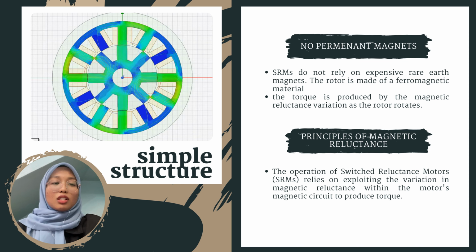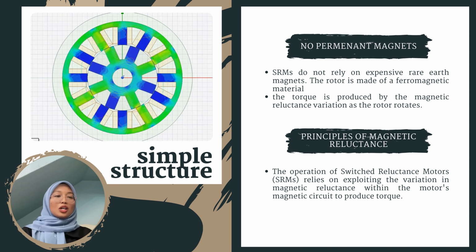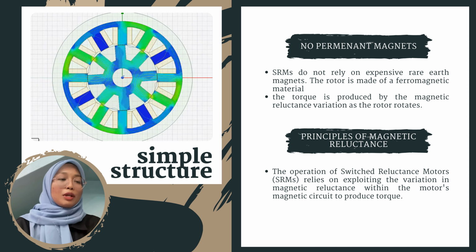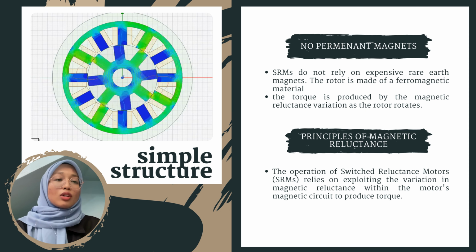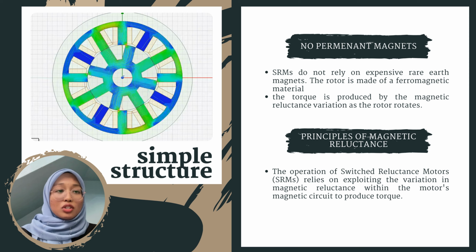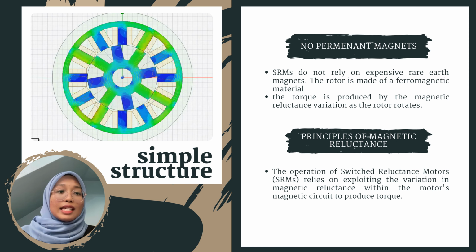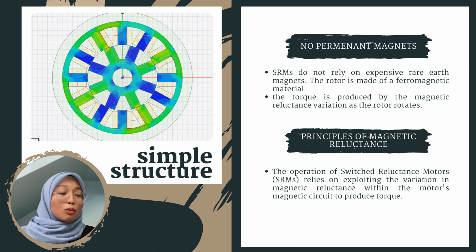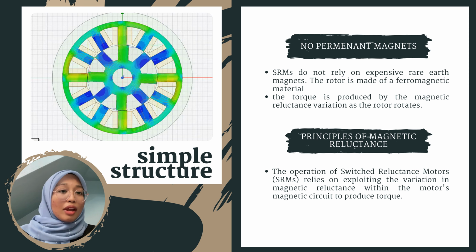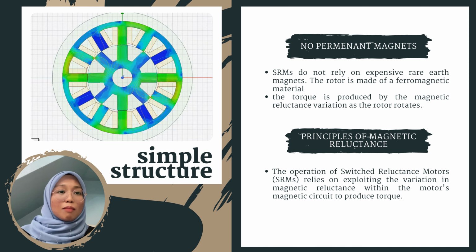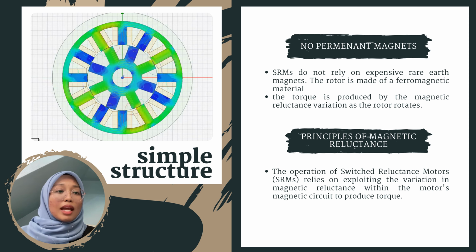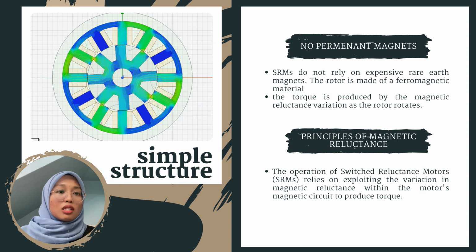Simple structure basically means no permanent magnets. So why no permanent magnets? Because it contributes to a low rotor inertia and relatively easy cooling compared to other motor types. Also, SRMs do not rely on expensive rare earth magnets, and the rotor is made of a ferromagnetic material.